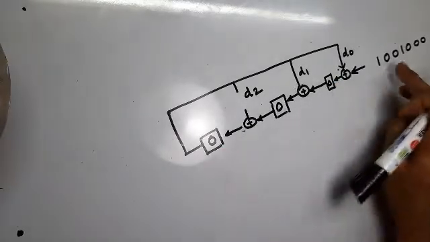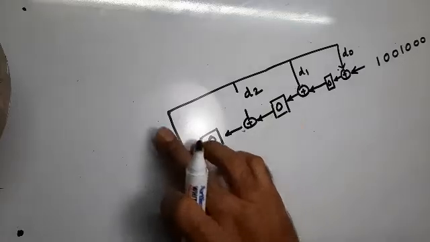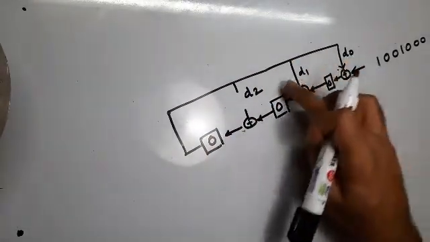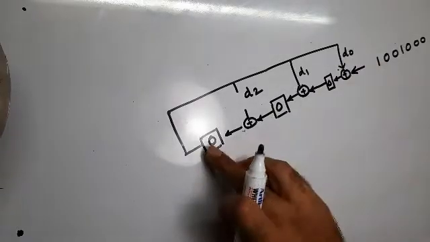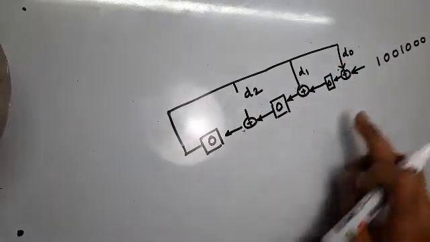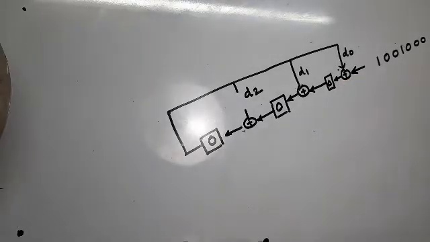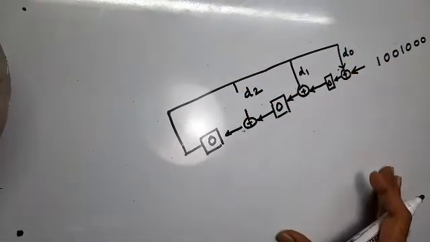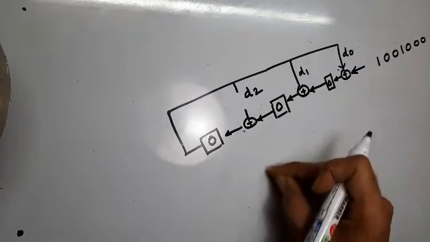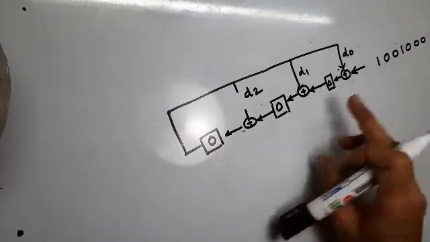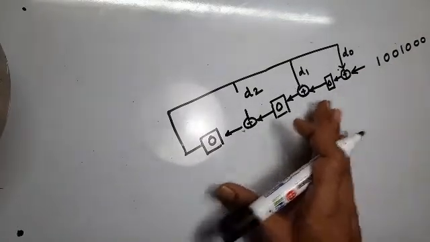By the time this bit reaches over here, it will start deciding the fates of these bits. At every step these bits will be XORed. I'll show you step by step the sequence of generation of the outcome after performing the operation.